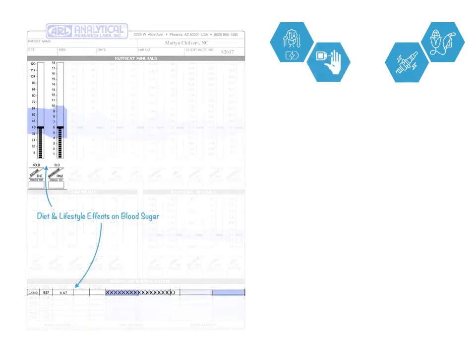Finally, we're getting an insight into the cellular response to blood sugar, or the effect of diet and lifestyle on the cells. Whilst the sodium-potassium ratio gives us an insight into internal stresses, the calcium-magnesium gives us an insight into external stresses.